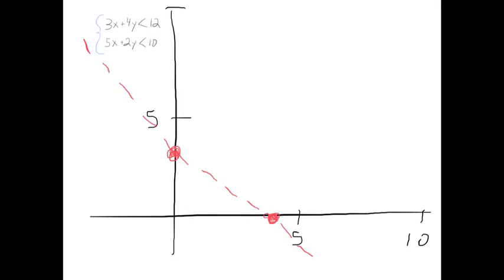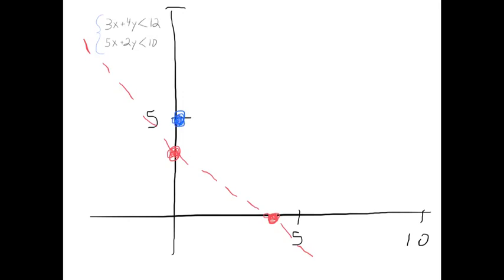Same thing for the second inequality, 5x plus 2y is less than 10. That means that when x equals 0, we have 2y equals 10, meaning that when x equals 0, y equals 5. There's that point on the blue line.